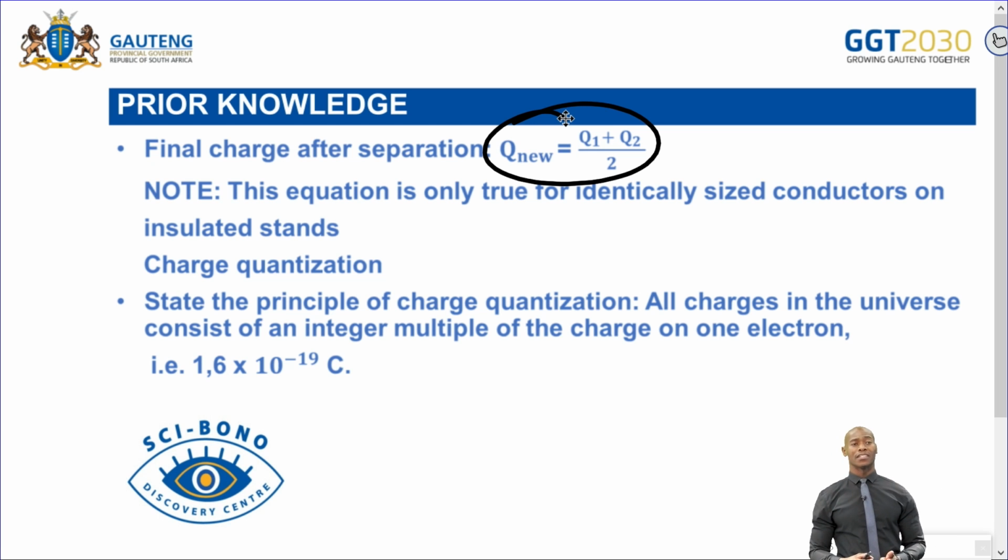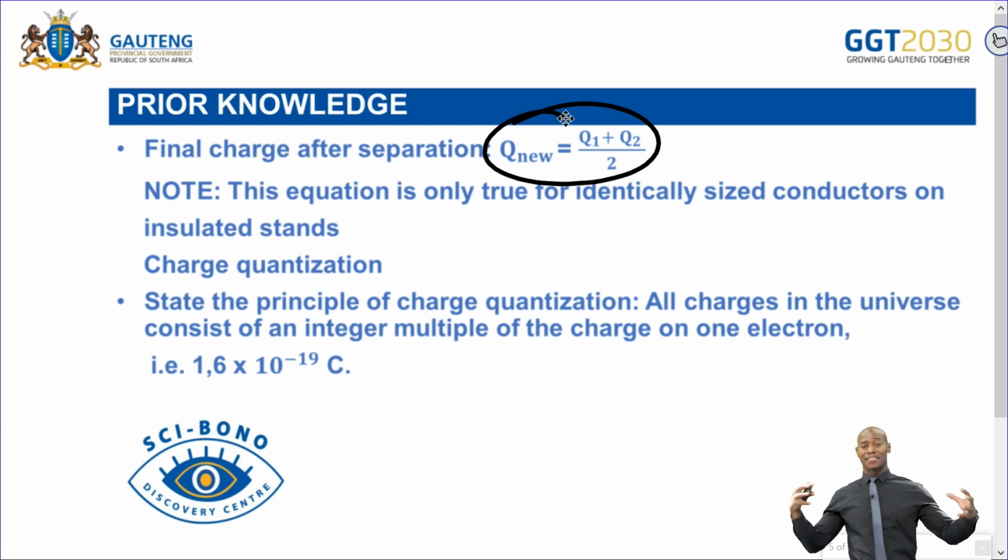So when do we use that equation? We'll use that equation to calculate the charge on each sphere after contact. So if objects are brought into contact and then separated, then remember, during contact there will be transfer of electrons, right?